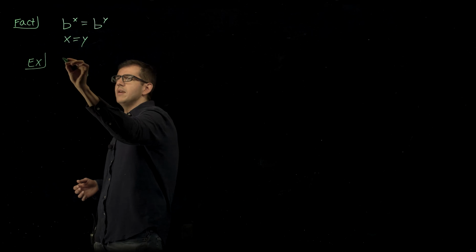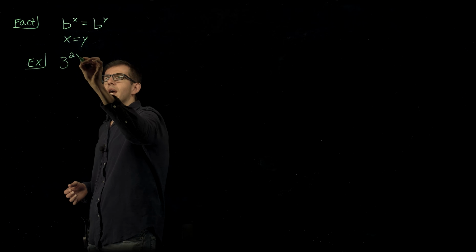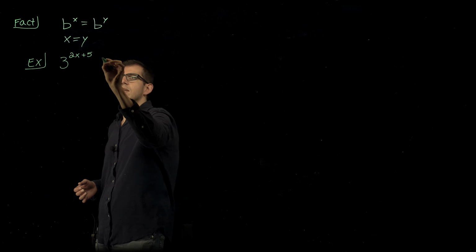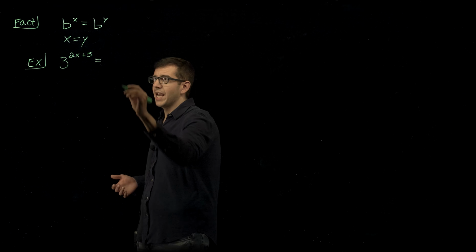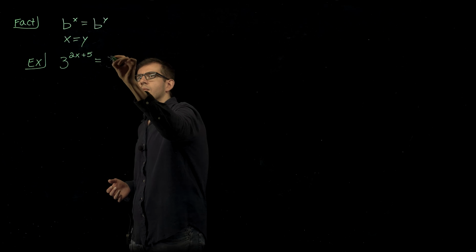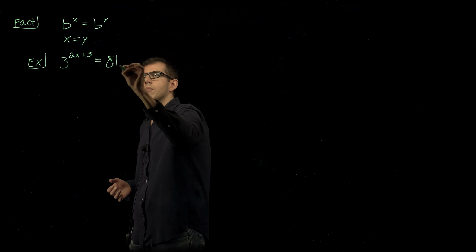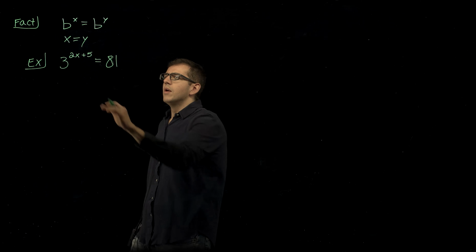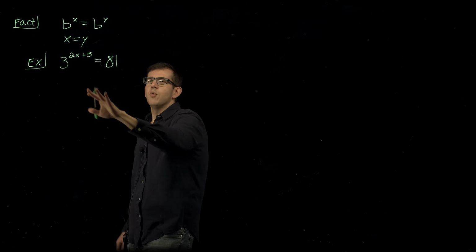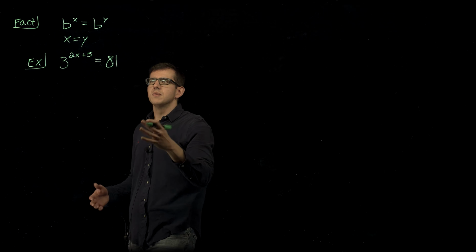We have 3 to the 2x plus 5 equal to 81. Notice that 3 and 81 are not equal bases.